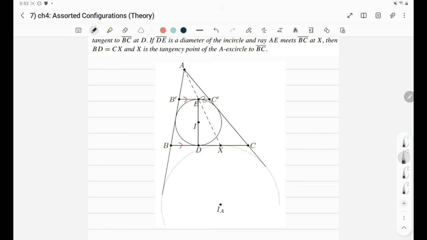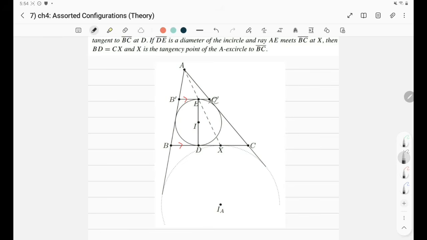Okay, so what does E represent here? Or actually, what does the incircle represent for the triangle A, B prime, C prime? It represents the excircle for it, right? But now, if we do a homothety that maps B prime to B, it will map C prime to C. So this triangle A B prime C prime will go basically into the triangle ABC, and hence the excircle will be mapped to the excircle.